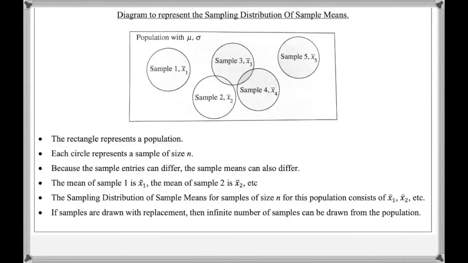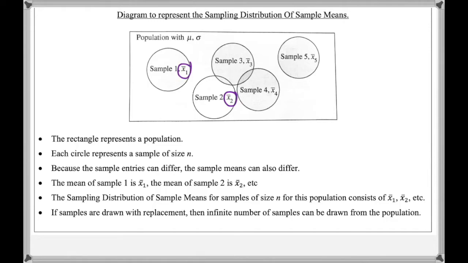This diagram represents the sampling distribution of sample means. So the rectangle represents the entire population. Each circle represents a sample of size n. Now, because the sample entries can differ, the sample means can also differ. So the mean of sample 1 is x1 bar, the mean of sample 2 would be x2 bar, and so on.